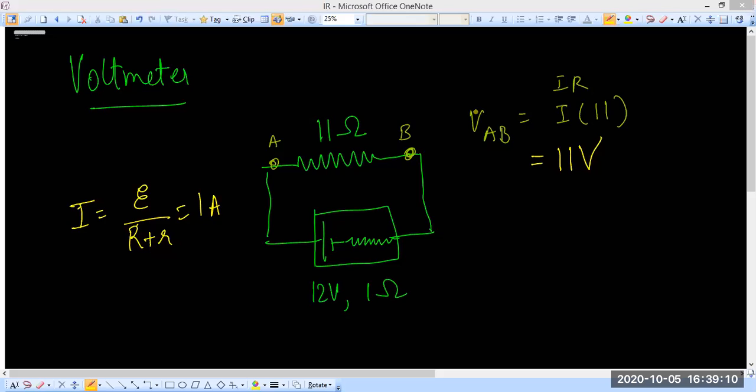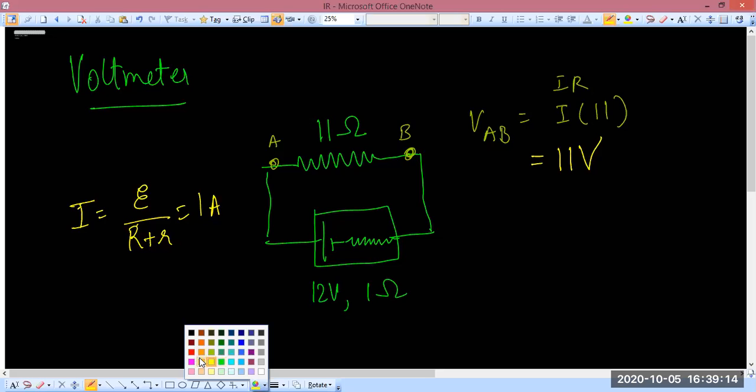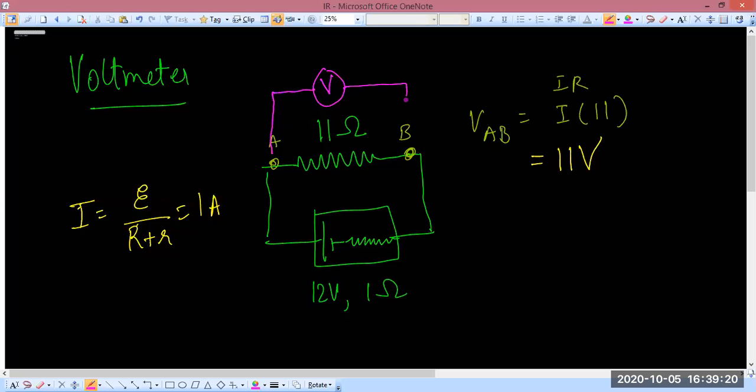But you know, there is a problem here. Fine in theory. Suppose now you connect a voltmeter, which is always connected in parallel like this. And that voltmeter has a dial, like a speedometer.